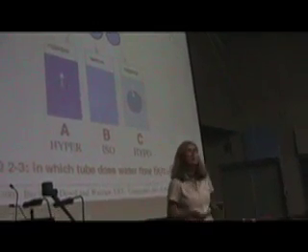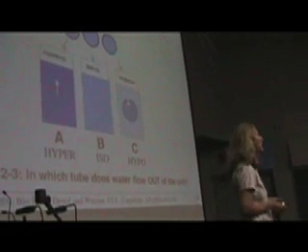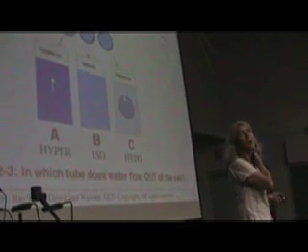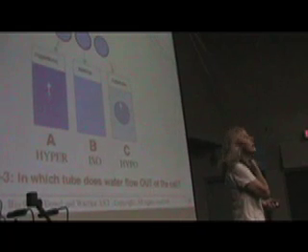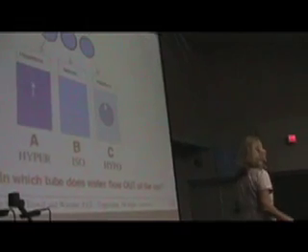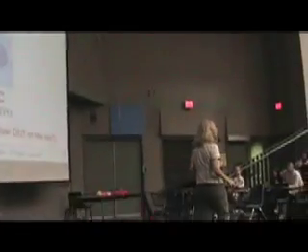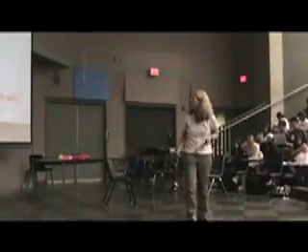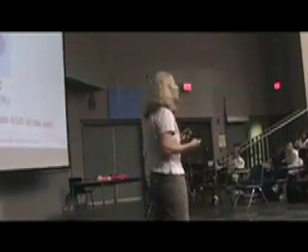However, that 2% of you that also said isotonic, where does water flow there? Does it flow? Yes, it does flow, but it's an equivalent flow in and out. So this is a technically correct answer, right?